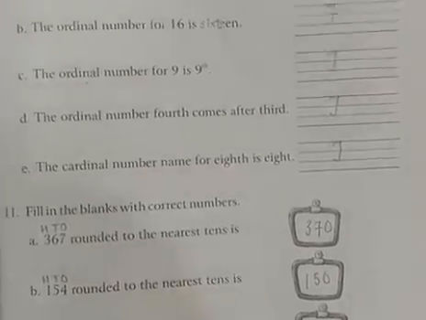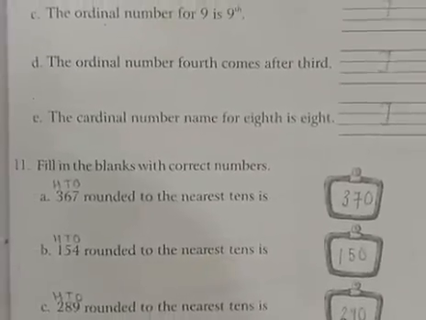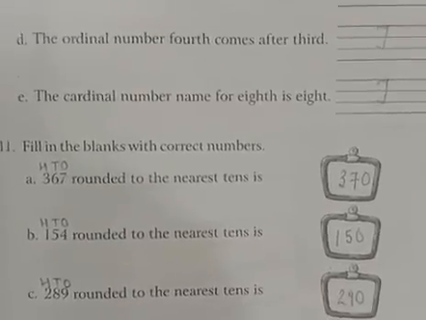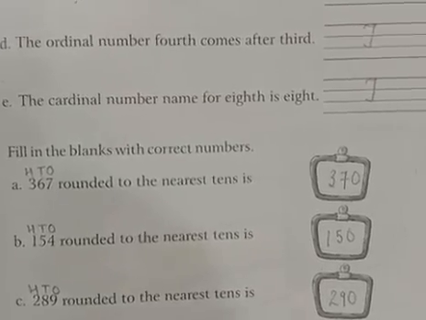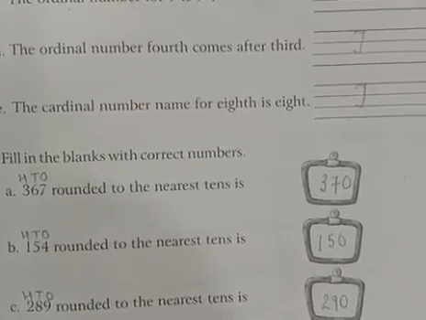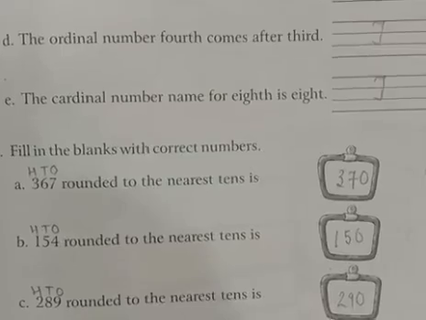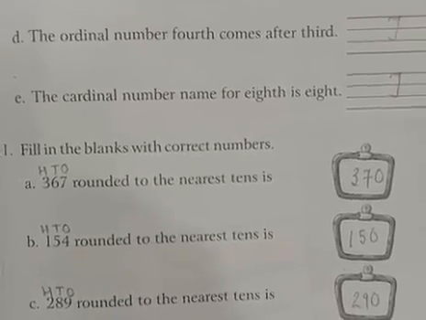Okay, now come to question number 11. Fill in the blanks with correct numbers. 367 rounded to the nearest tens is... See, I have written ones, tens, hundreds.